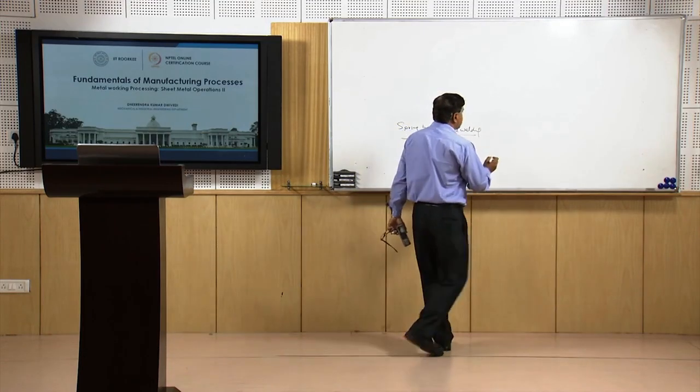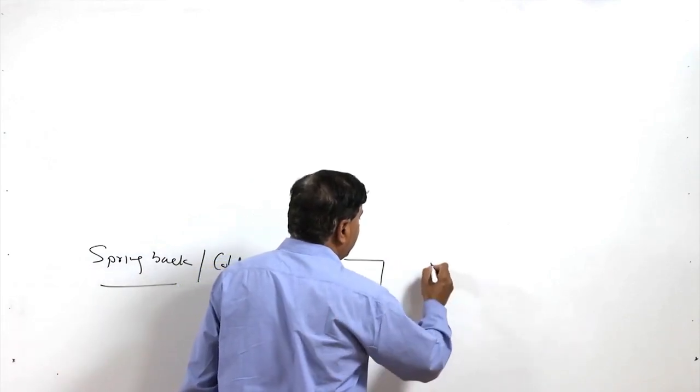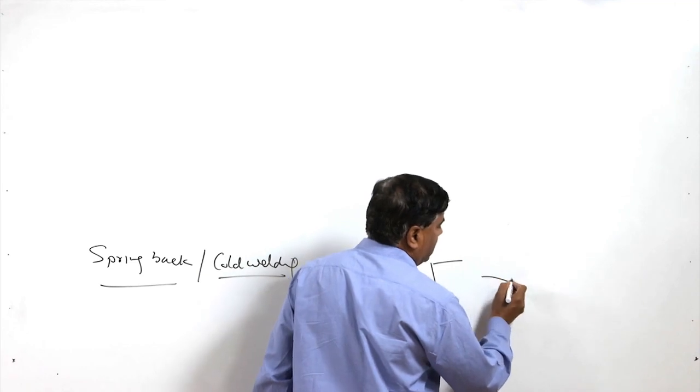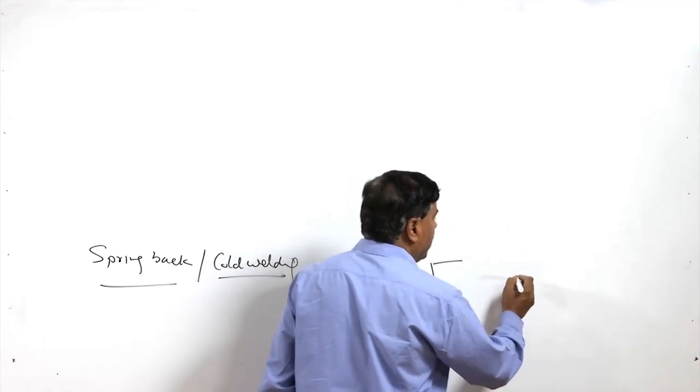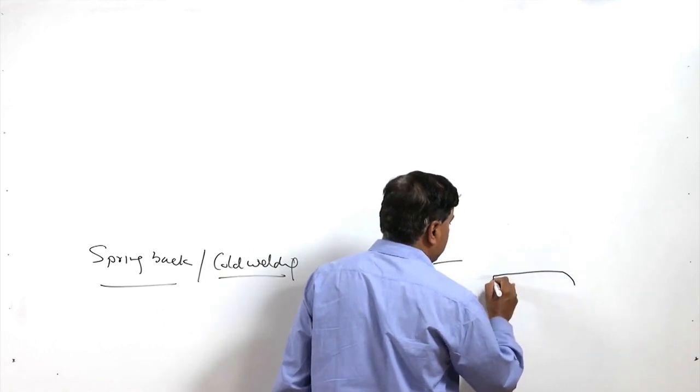Spring back is another effect. Say this is the die, and whatever slug is formed has a particular geometry at the ends, like this.